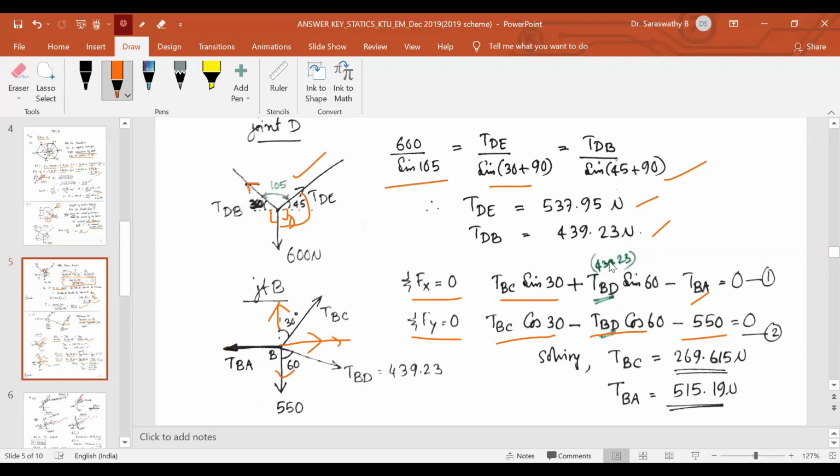Substitute TBD, so that you get an equation in TBC. From the second equation, since TBD is known, we can get TBC. Substitute this TBC in the first equation, and we can get TBA. So it is simply the application of free body diagram and equations of equilibrium.